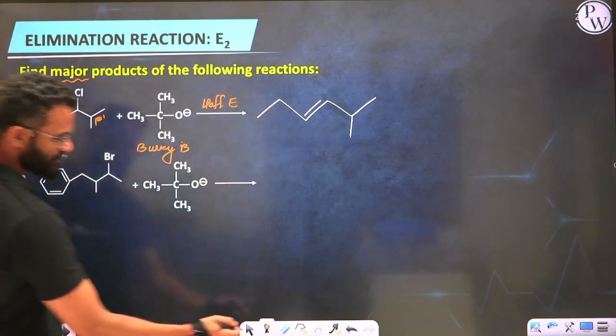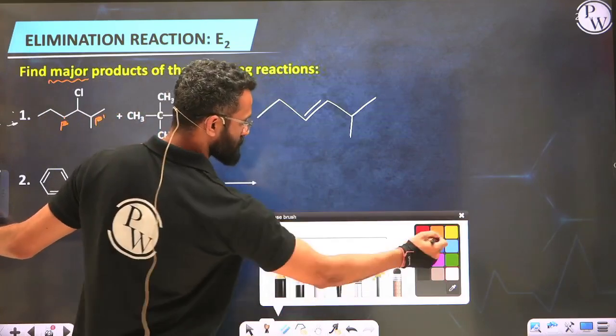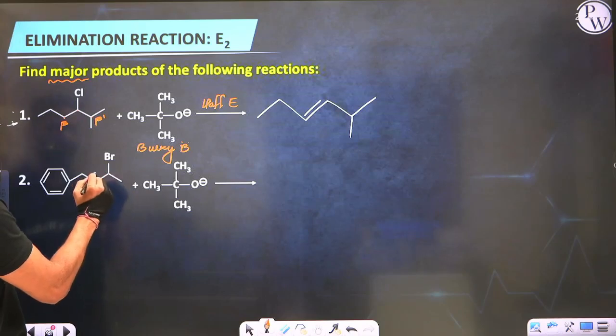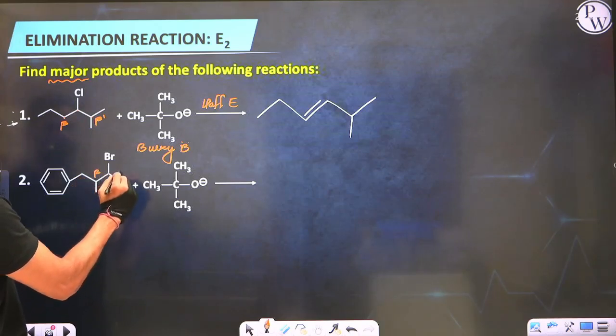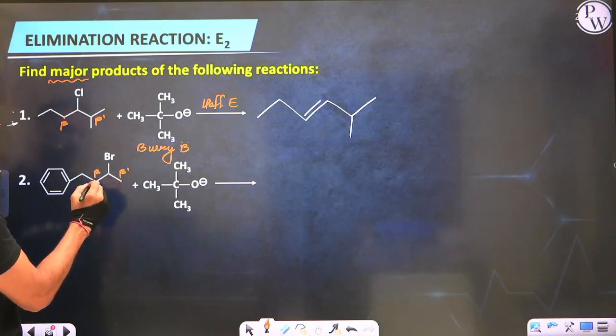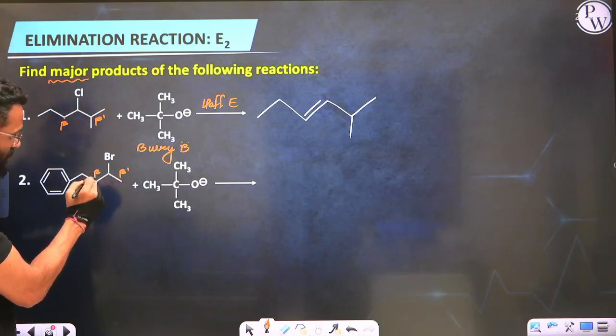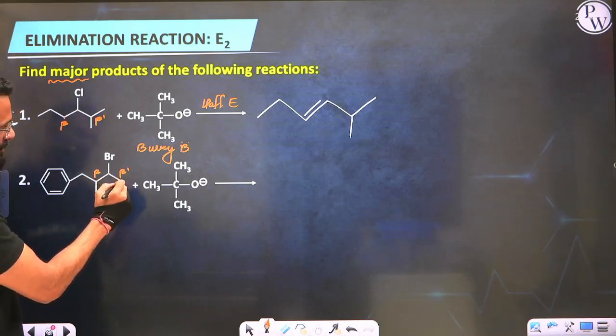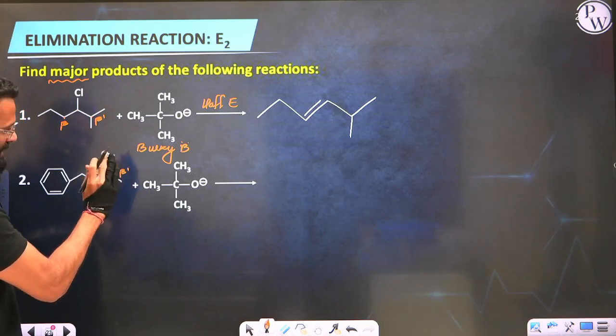Now over here, the carbon carrying the leaving group. So the adjacent carbon is beta, and this adjacent one, let's call it beta dash. Beta dash is primary, beta is tertiary. So this is the more sterically hindered carbon, and this beta dash carbon is the one which is primary, and hence hydrogen from beta dash will be easily accessible.